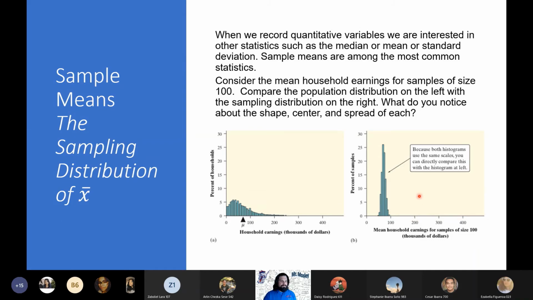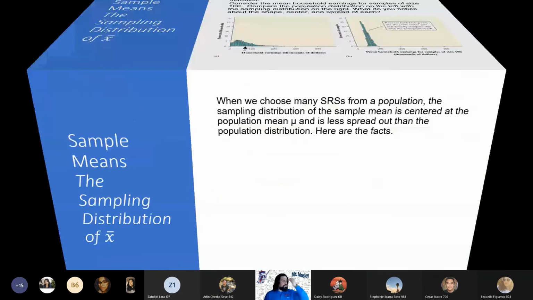And we get this little note here, because both histograms use the same scales, we can directly compare this with the one over here, which is always nice. So again, we get some useful results out of just comparing these things.